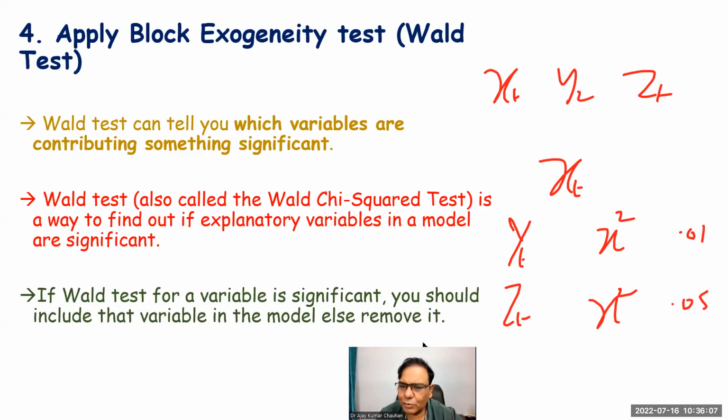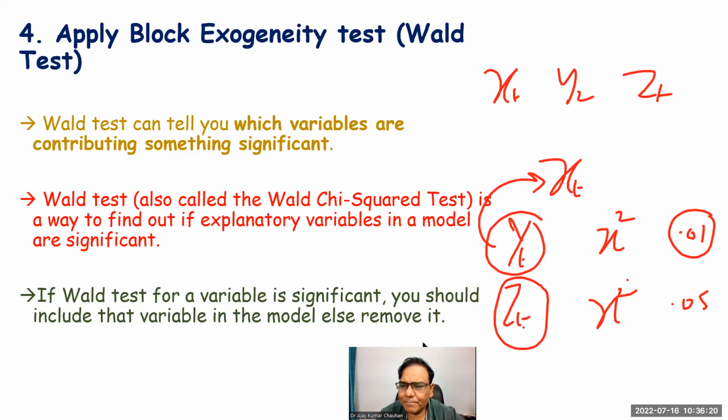So we can say that controlling the zt, yt is having a significant effect on xt because probability value is less than 0.05. But in case of zt, controlling the y, zt is not having impact on x because the p value is more than 0.05. So the controlling effect is automatically coming in the Wald test.